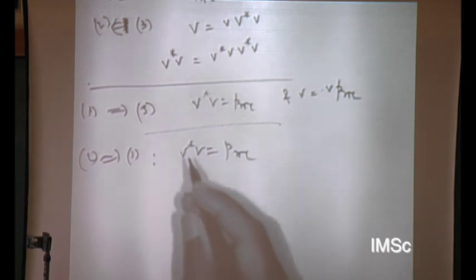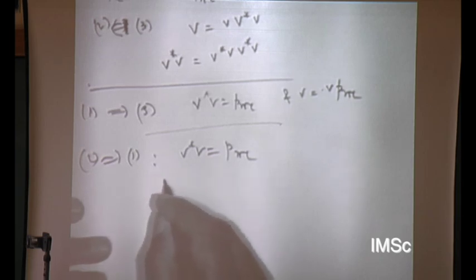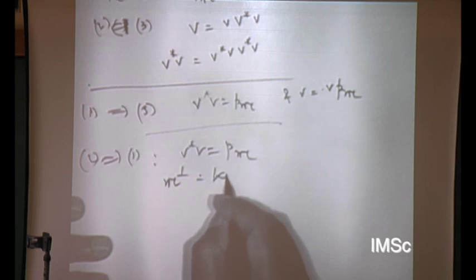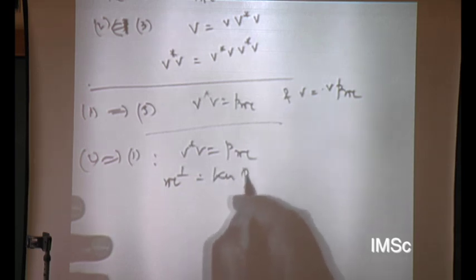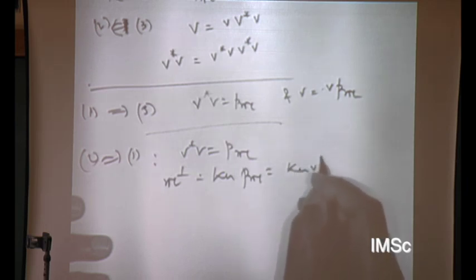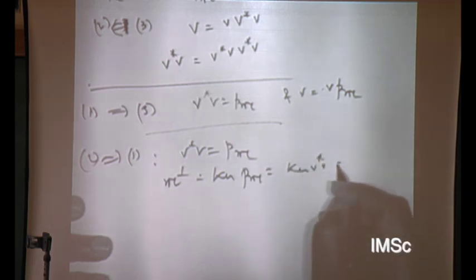But that's clear from this, right? The kernel of M perp is the kernel of V star V, P_M, which is the kernel of V.